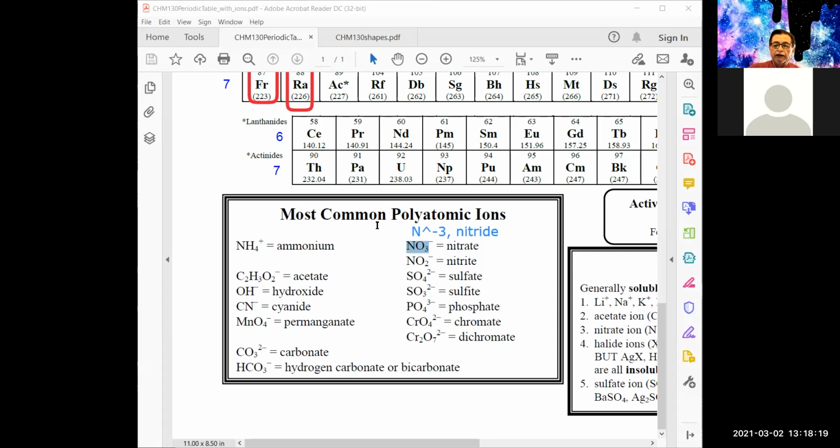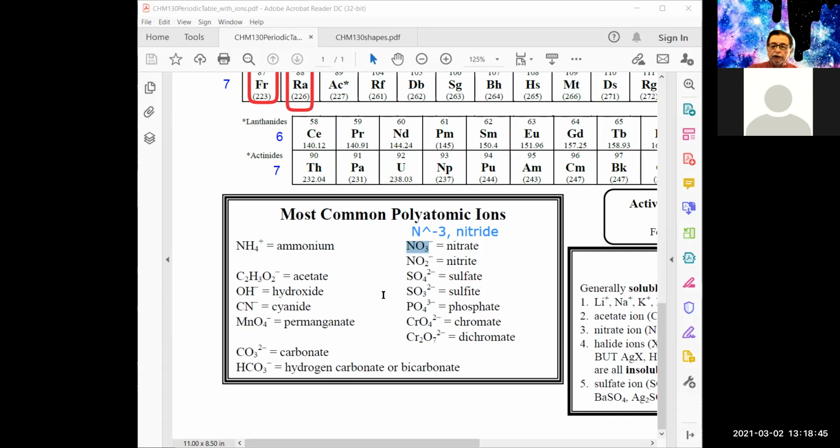Okay, the N-3, the single element nitrogen, is called nitride. When we put a nitrate, the 'ate' should tell you I'm dealing with nitrogen bonded to oxygen. Okay, and in this case, it has 3 of them.